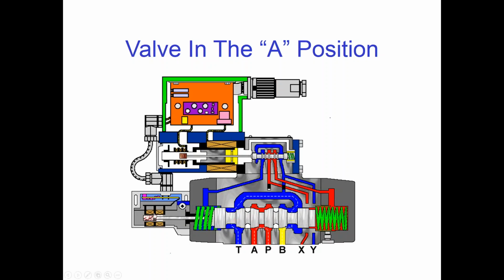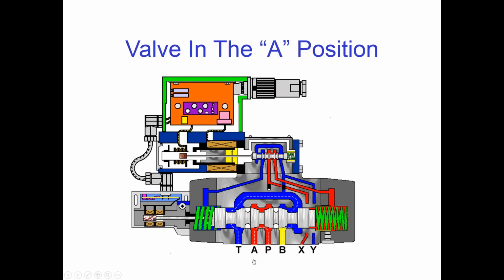As the spool shifts, the core moves inside the coil and delivers a feedback signal for the amplifier to read. And as it shifts, oil that's in the chamber over here on the left side goes back to tank, through the pilot valve, and over here out the Y port, back to the tank.